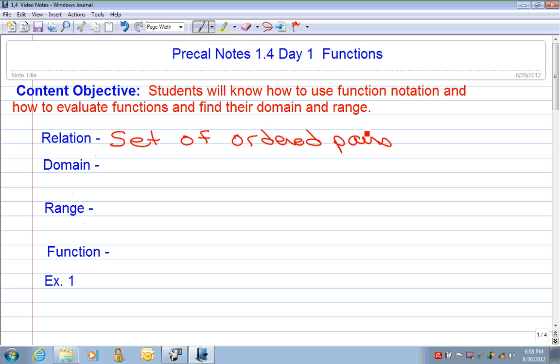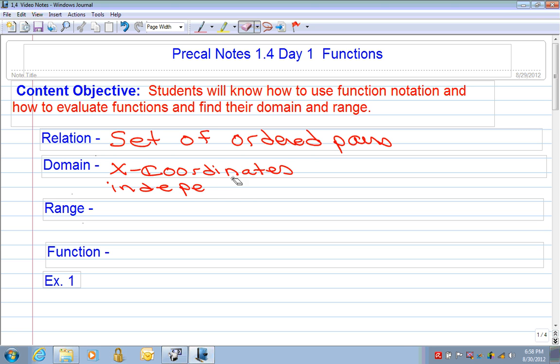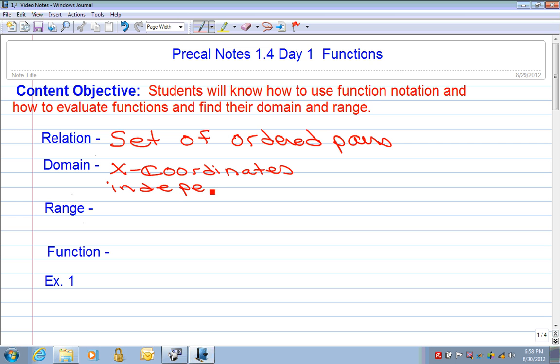The domain of a relation is the x coordinates, and if it's a function, it's also the independent variable.